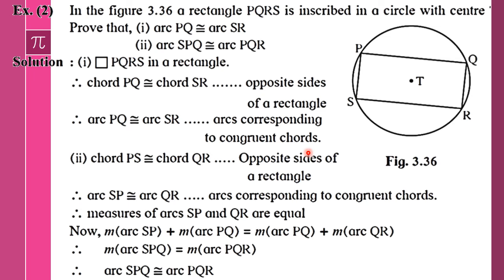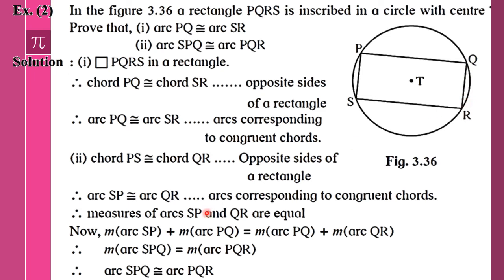Next part, we will talk about arc SPQ and arc PQR. Here, chord PS is congruent to chord QR, since they are opposite sides of a rectangle. Now again by the theorem, arc SP is congruent to arc QR since they are arcs corresponding to congruent chords.